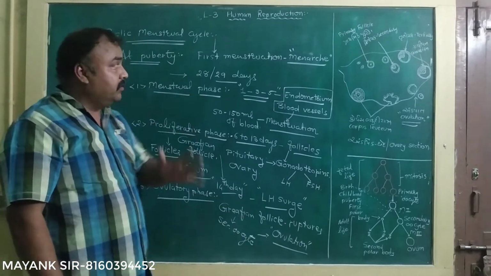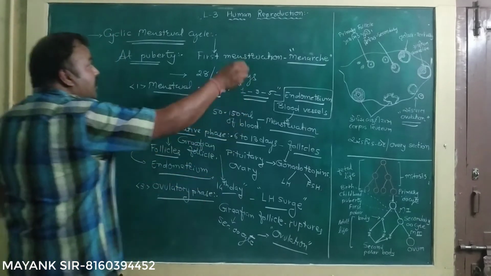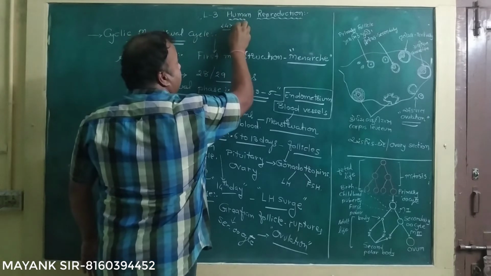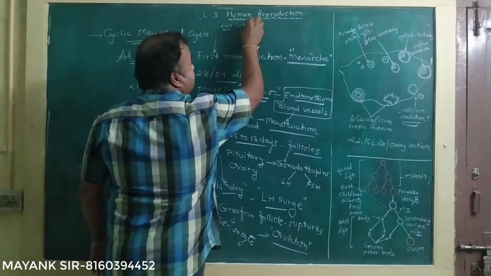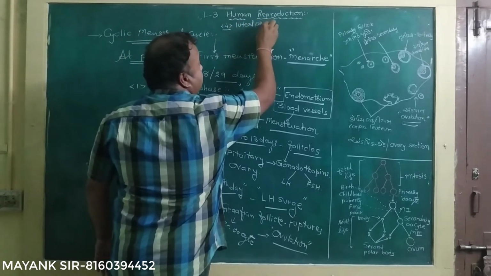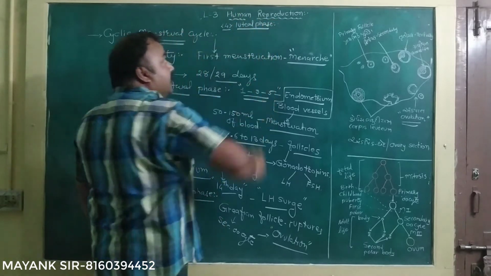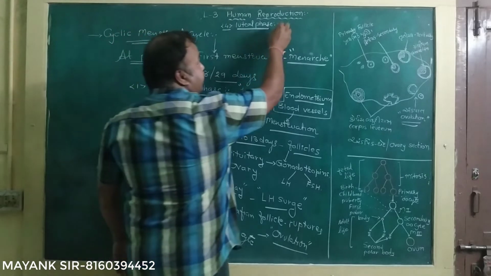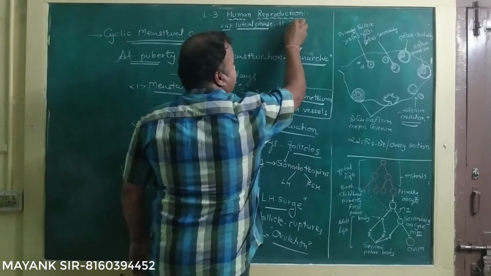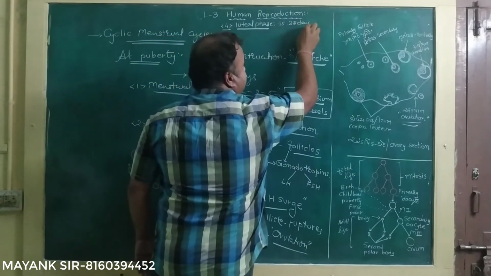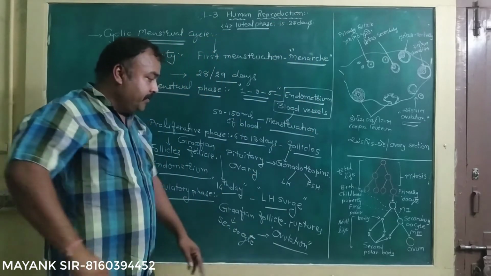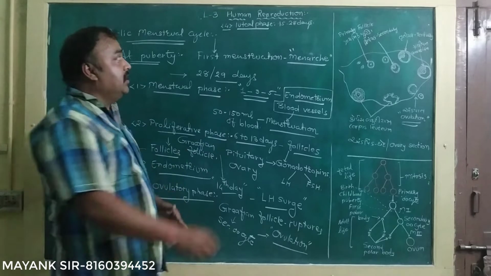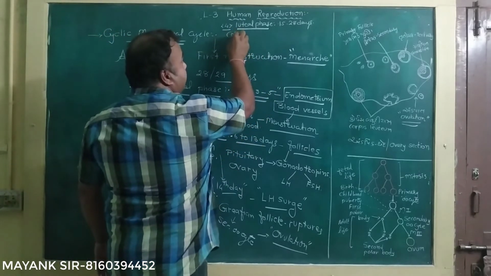The fourth phase is called the luteal phase, the remaining 15 to 28 days. What happens? After ovulation, the Graafian follicle is converted into the corpus luteum.